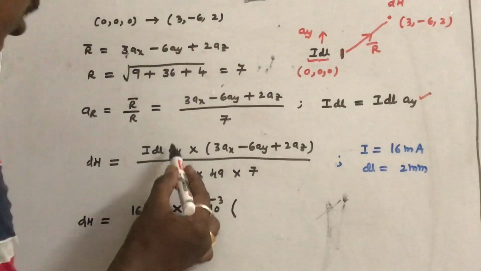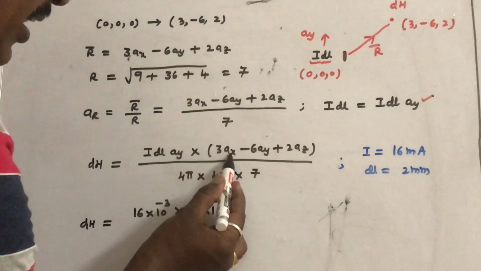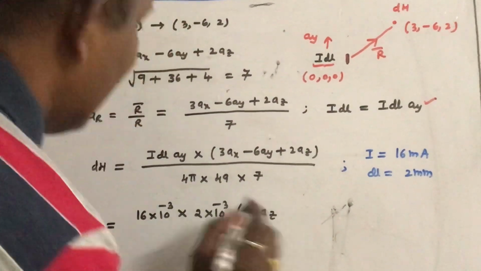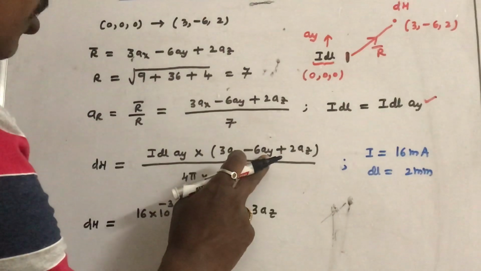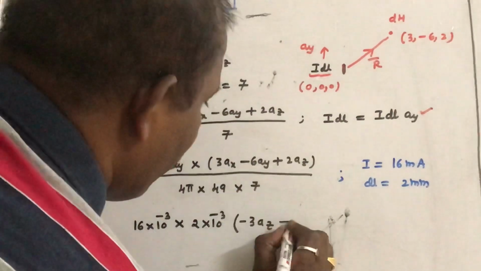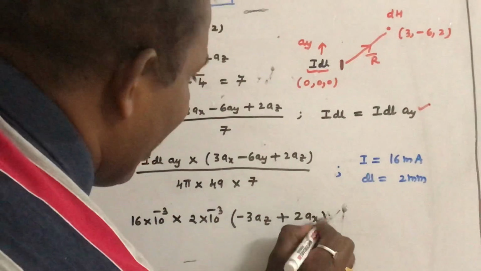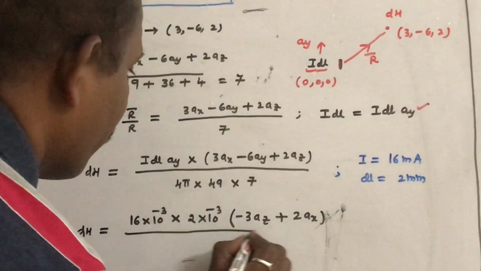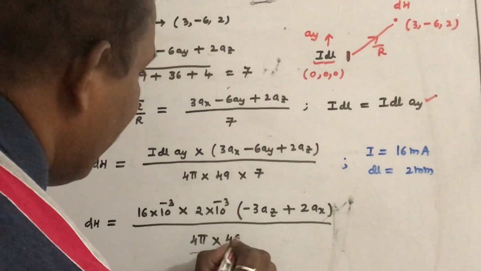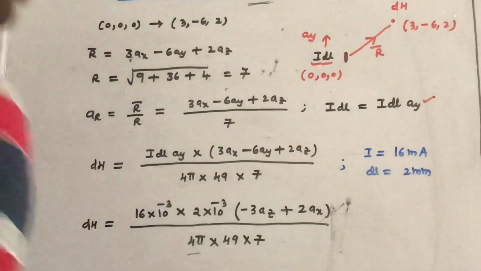So take this cross product inside. a_y cross a_x is minus a_z, so minus 3a_z. a_y cross a_y is 0, plus a_y cross a_z is a_x, so 2a_x by 4 pi into 49 into 7.